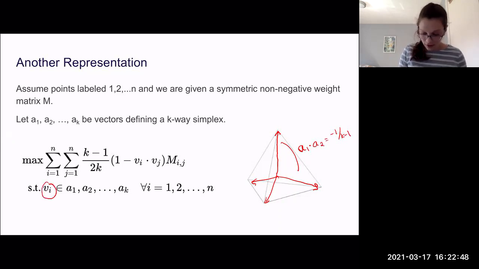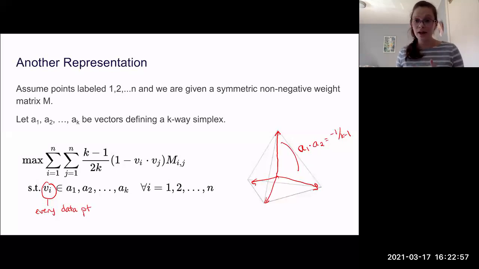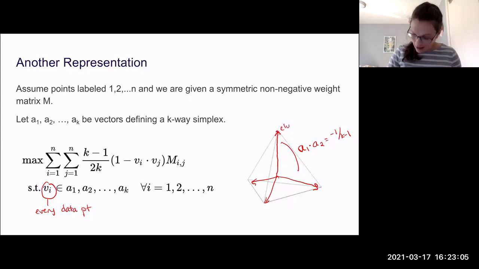So for every one of my data points, I'm going to say you have to pick one of those vectors to be. Your v_i, your vector, has to be one of those vectors. So you have to assign yourself, like this one represents cluster 1, and this one represents cluster 2, etc. And you have to pick one of those through this constraint here.